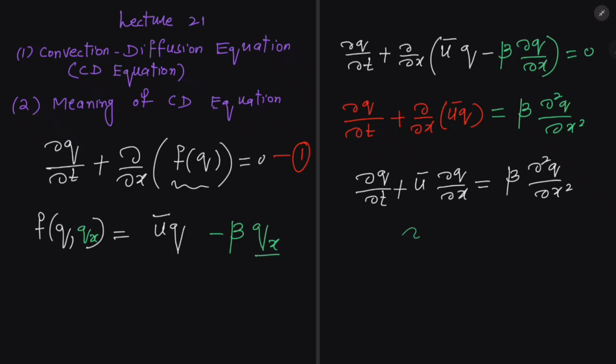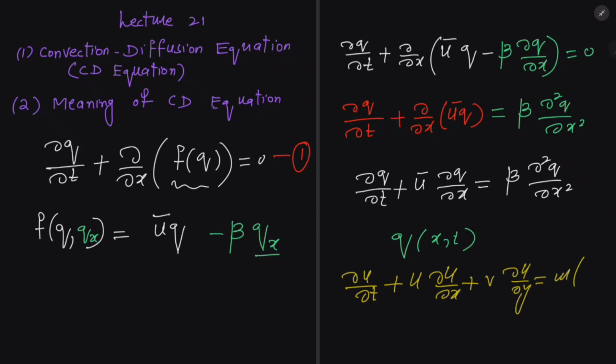So what we have is q, which is a function of x and t. When I wrote the Navier-Stokes equation, it looked like this: partial u by partial t, partial u by partial x, v partial u by partial y, mu partial square u by partial x square, partial square u by partial y square. This is written without the boundary layer assumption.